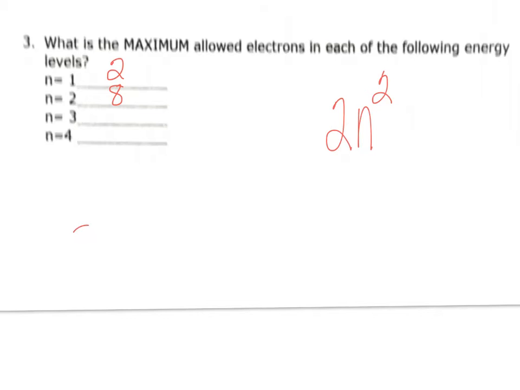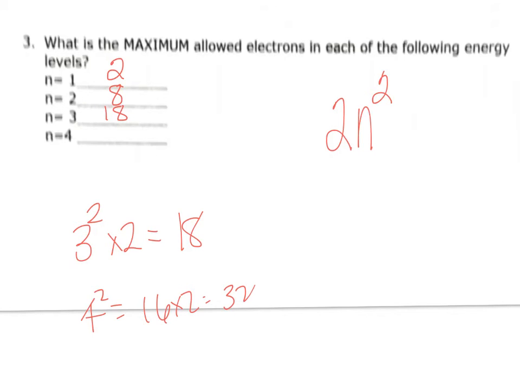For energy level 3, we would do 3 squared, which is 9, times 2 is 18. And the last one, 4 squared is 16 times 2 is 32. So energy level 4 could hold a maximum of 32 electrons.